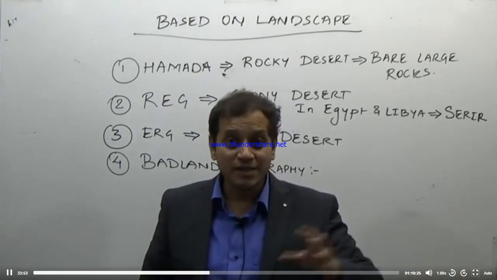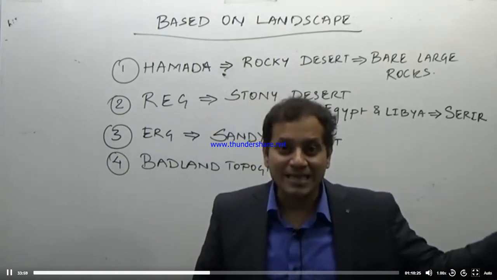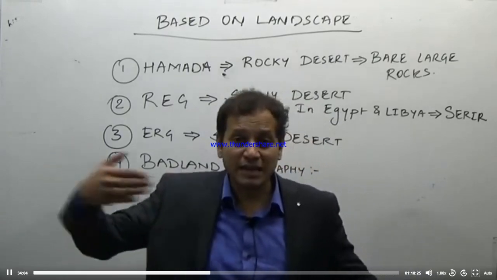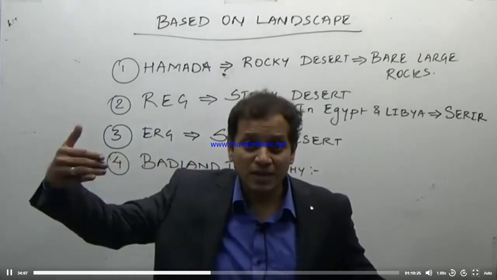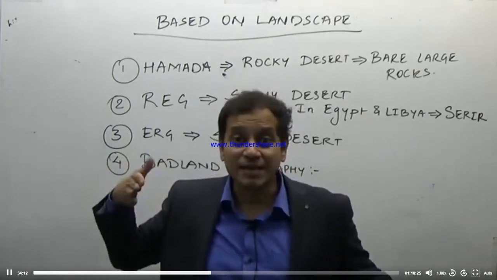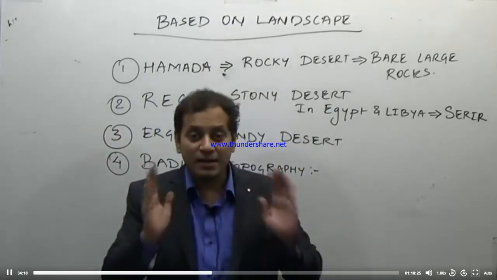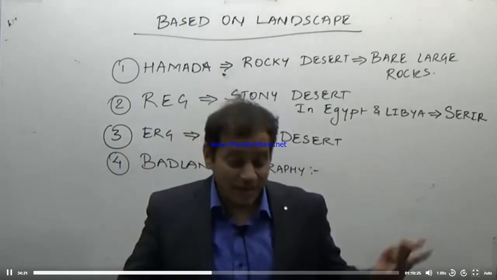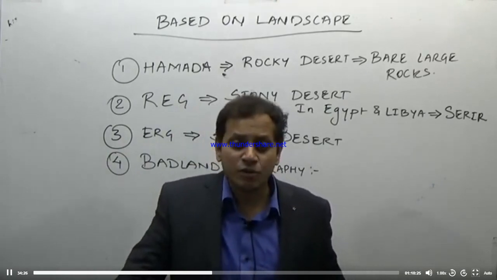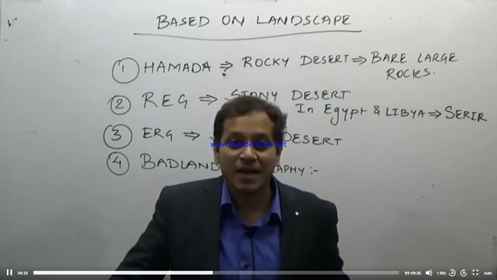As we said, seasonal rivers, surface runoff takes away much of the soil. More and more soil gets washed away with the rainwater, resulting in the formation of large cracks, large grooves, not exactly depressions, large grooves we can say in the desert. These are known as gullies and ravines. So it results in such an area where there are gullies and ravines. It is not fit for human settlement. It is not fit for agriculture. Such a topography is known as badland topography.